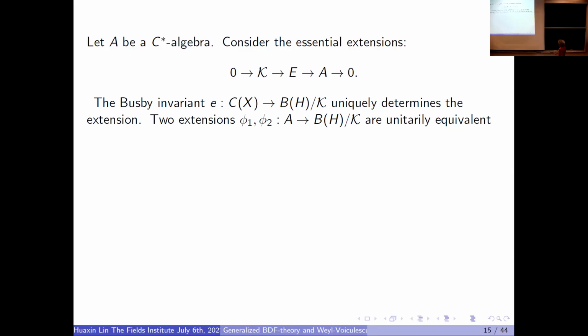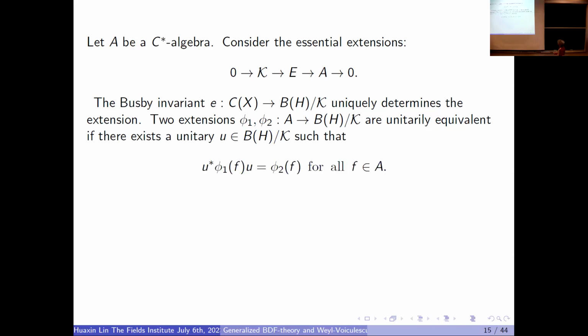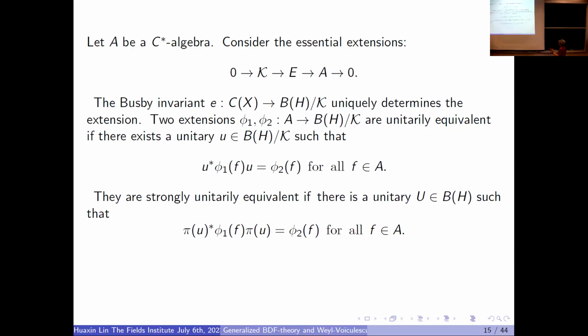The two extensions are unitary equivalent if there exists a unitary U in the Calkin algebra so that they are unitary equivalent in the quotient. They are strongly unitary equivalent if this unitary comes from upstairs.